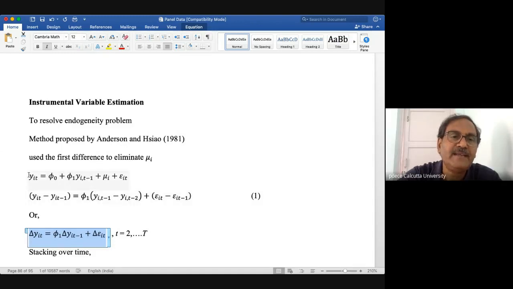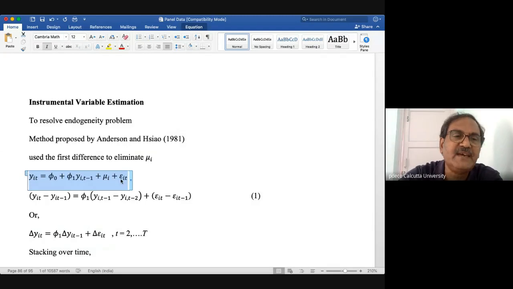Now, by this model, you can say YIT and epsilon IT are correlated because YIT is equal to this. So you can say YIT and epsilon IT are correlated. But from this model, we cannot say YIT minus 1 and epsilon IT are correlated.